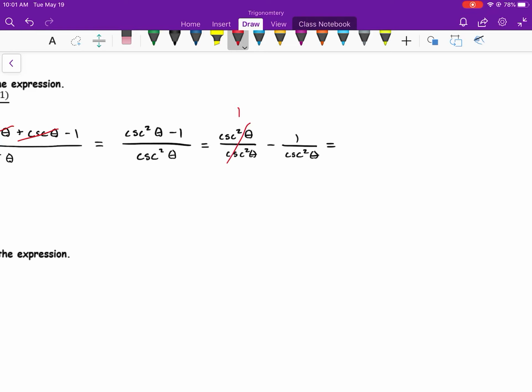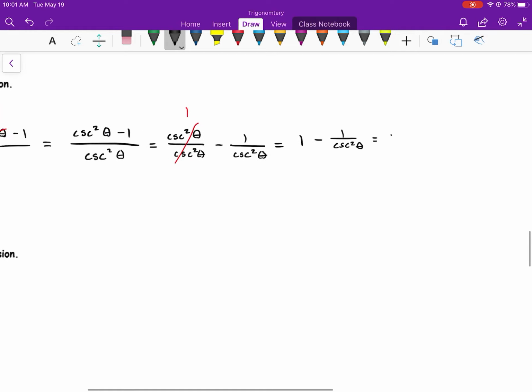We know this simplifies to make 1. I get 1 minus 1 over cosecant squared of theta. And I know cosecant is the reciprocal of sine. So I have 1 minus sine squared of theta.